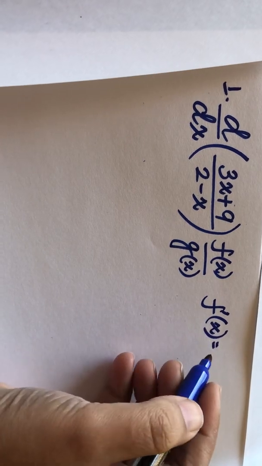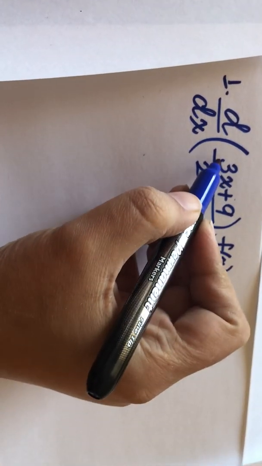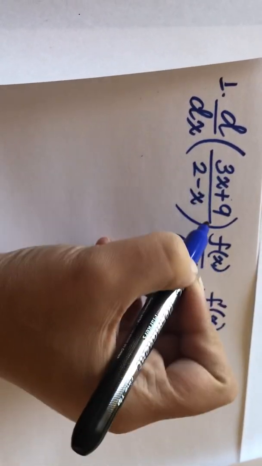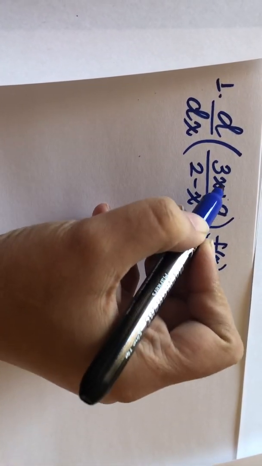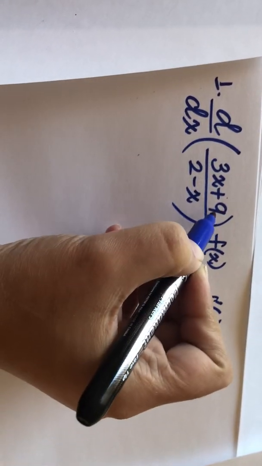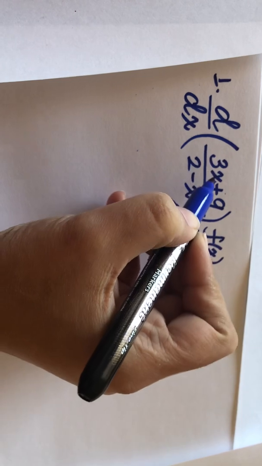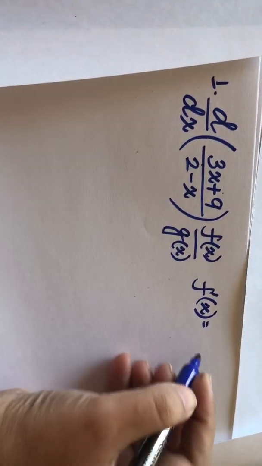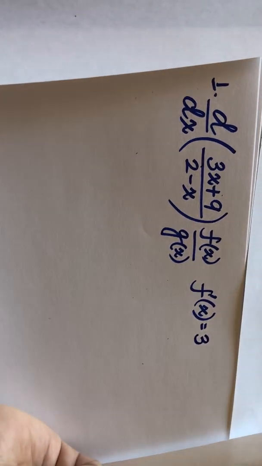So f prime x from here is the derivative of f of x, which is this. The derivative is nothing but the slope of the tangent line, and the slope, as I'm seeing here, this is in the slope-intercept form where 9 is the y-intercept. The slope is the number next to x, which will be 3. So f prime x is 3.